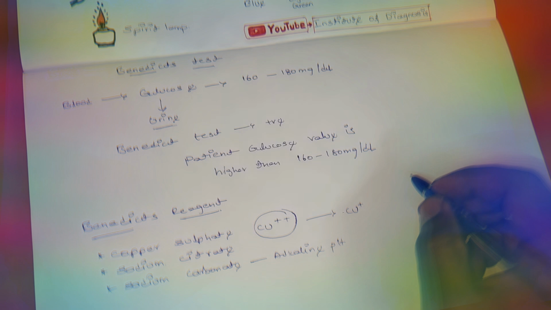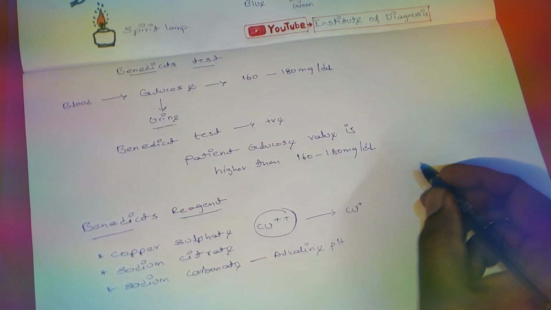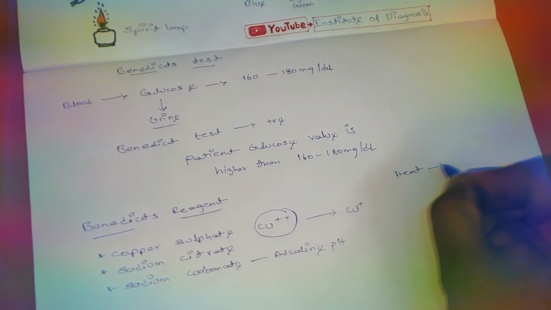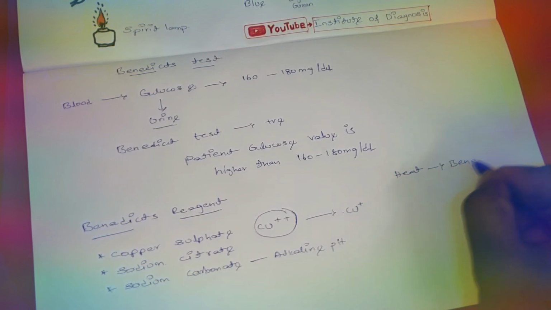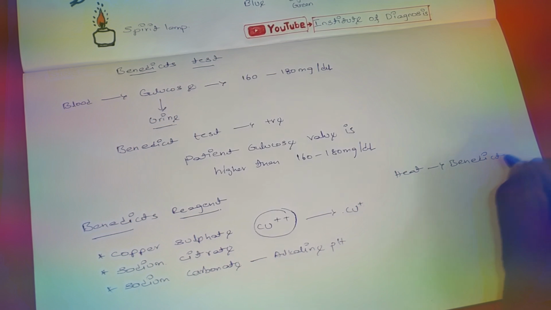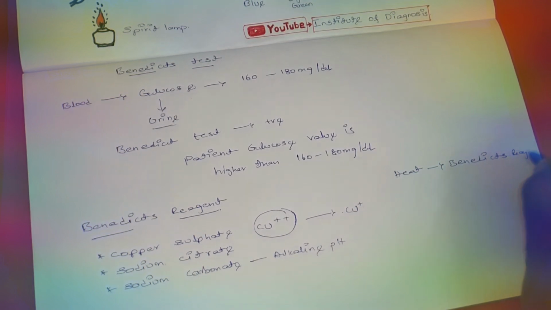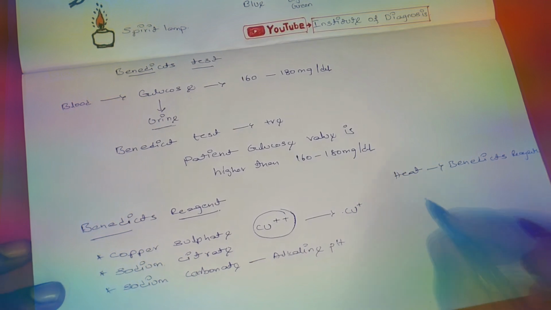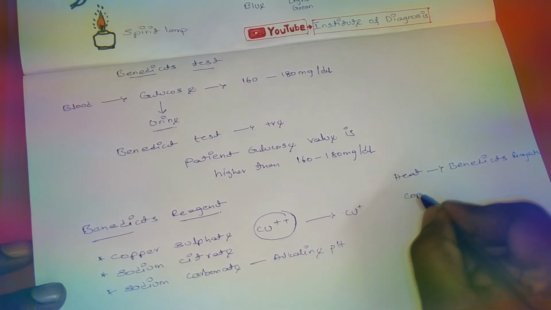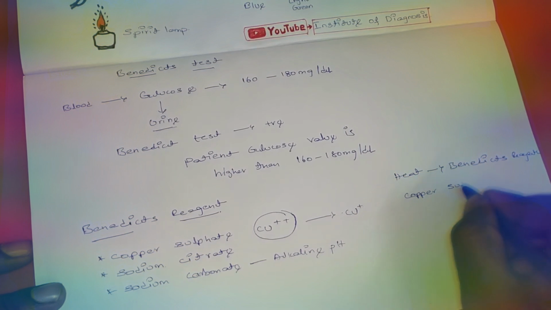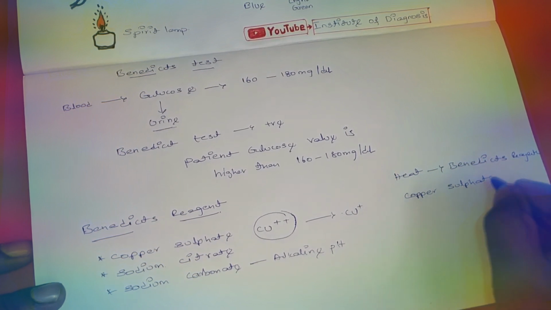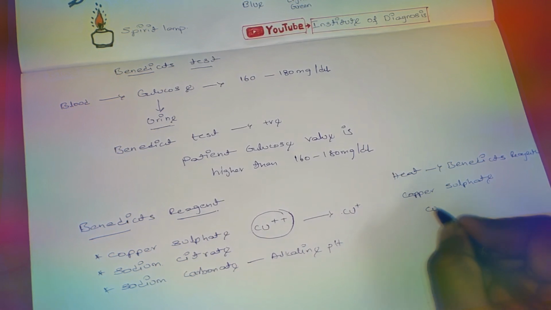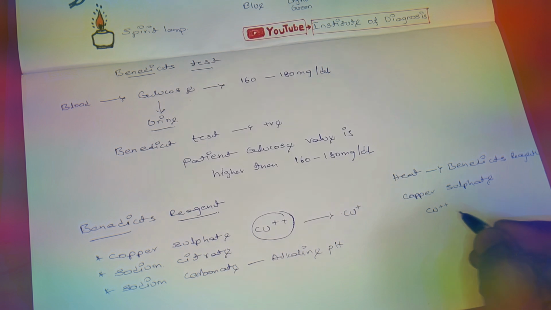So in the procedure, what happens is when we heat the Benedict's reagent, the copper sulfate will get dissociated and it will form Cu++ ions.